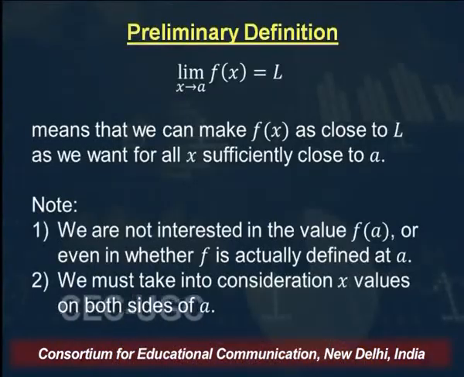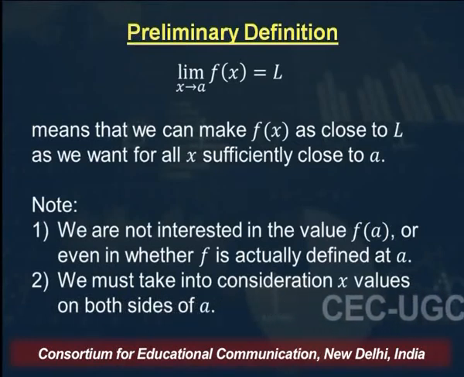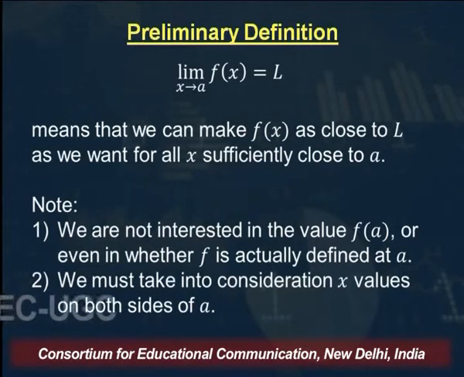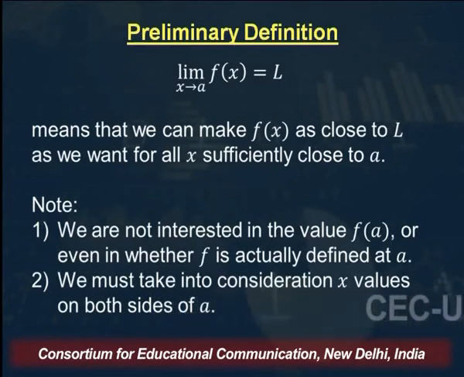But note here that first of all, we must take into consideration values of x on both sides of a, which is to convey that we are taking a two-sided limit.